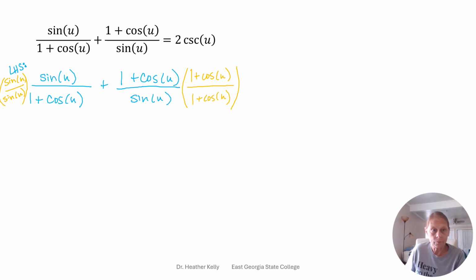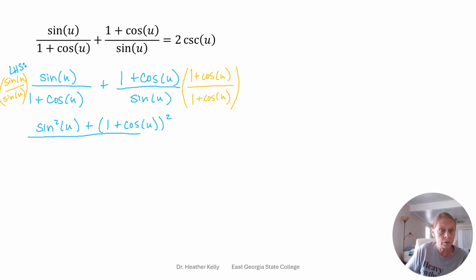Okay. So let's see what we wind up here with. We wind up with sine squared u plus, and notice 1 plus cosine u times another 1 plus cosine u is 1 plus cosine u squared. I just want to write it like that just so we can think about it like that.